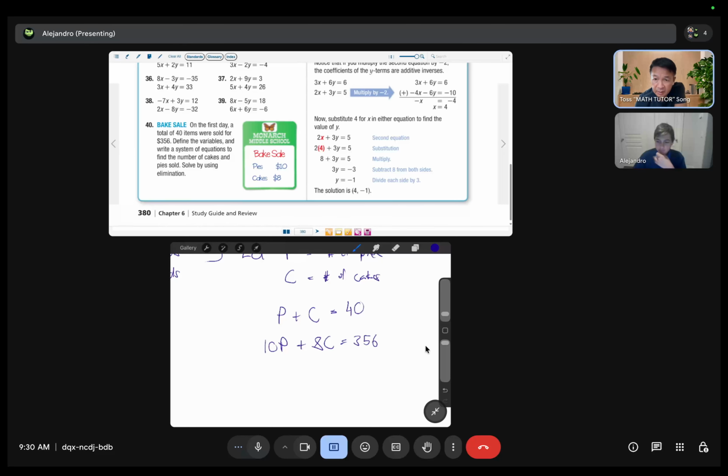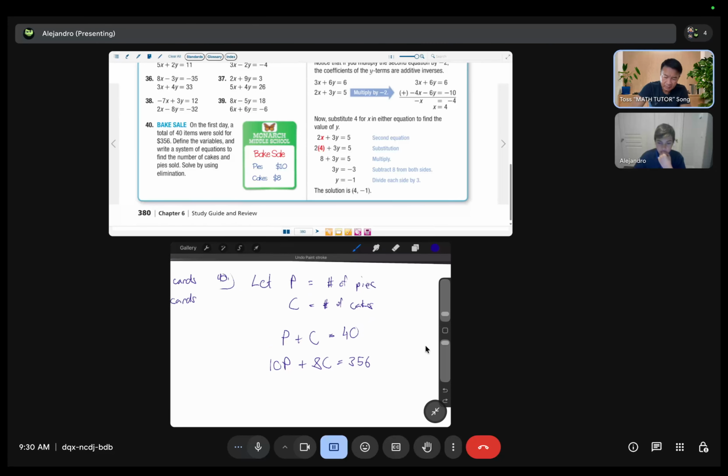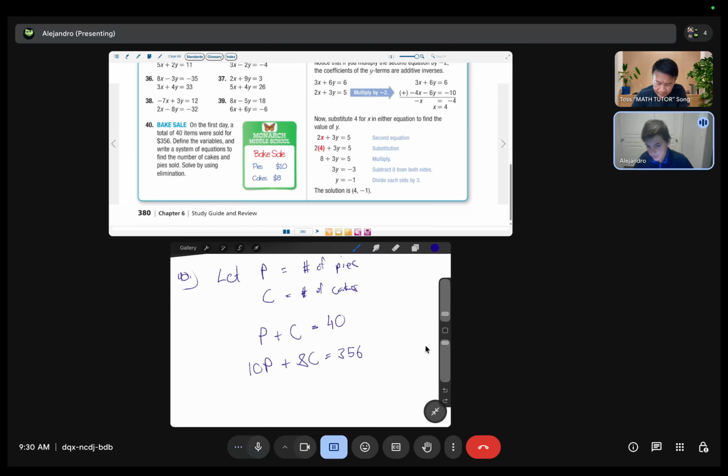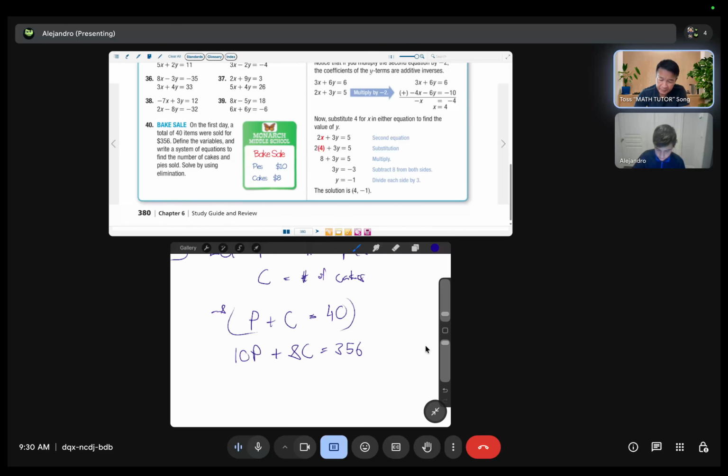We just solve it using elimination. Okay, what should we do? We could multiply the top equation by -8. Now check this out. I know I mentioned that if the coefficients and the constant are divisible by something, you can make them smaller, but we don't always have to do it.